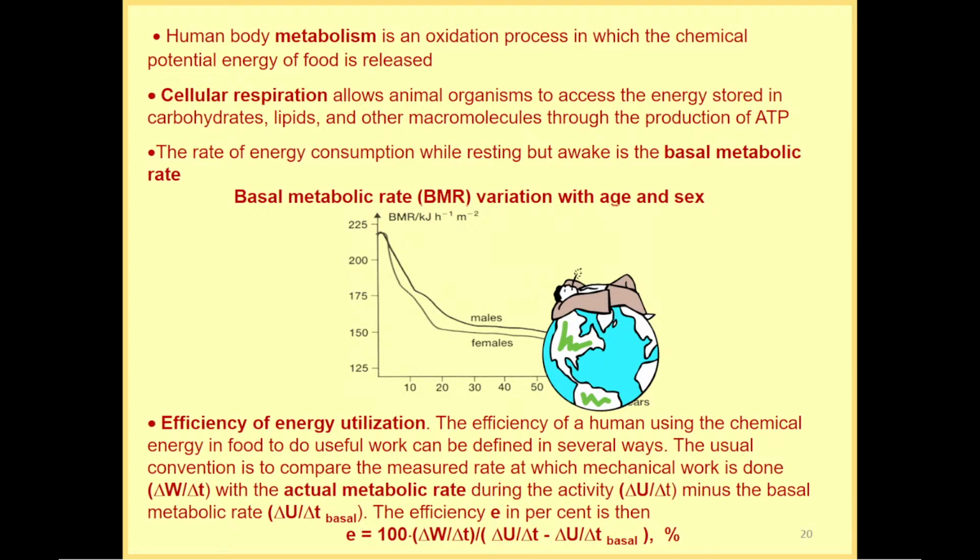Human body metabolism is an oxidation process in which the chemical potential energy of food is released. Cellular respiration allows animal organisms to access the energy stored in carbohydrates, lipids, and other macromolecules through the production of ATP molecules.